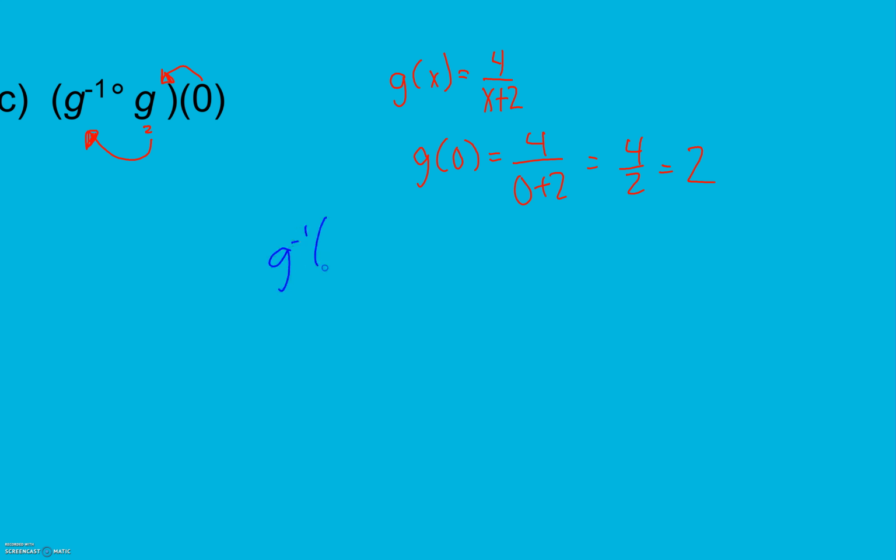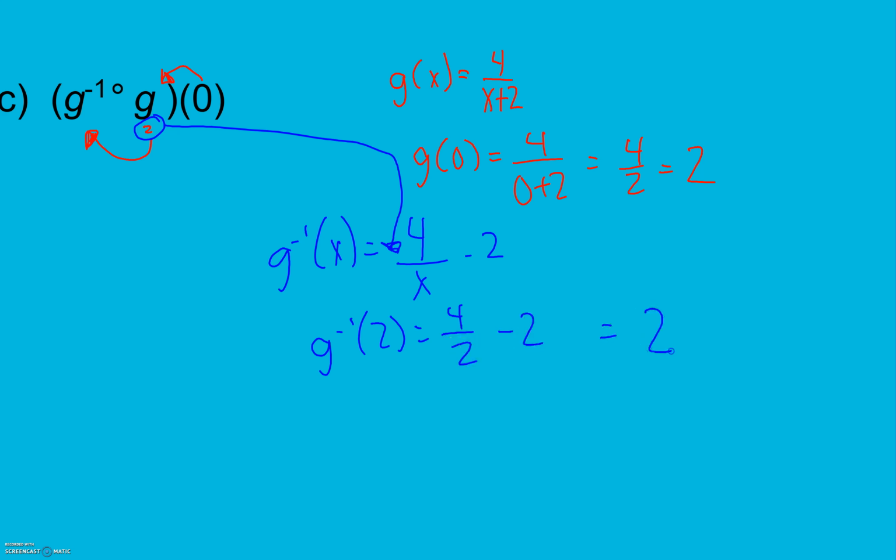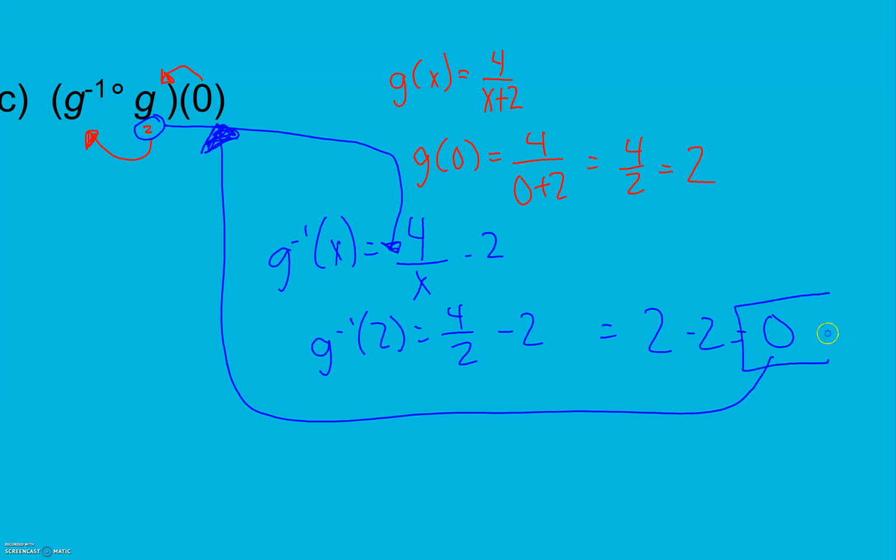My inverse is 4 over x minus 2. So when I take that 2 and plug it in, I get 2 minus 2, or 0, which, as long as all my values along the way are in my domains, which here they were, is what I should get. So we are good to go there.